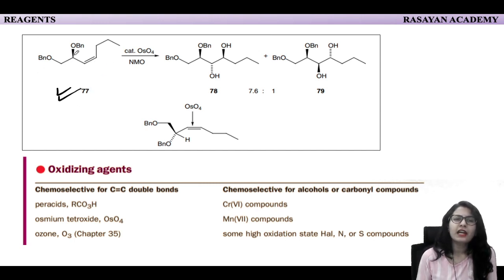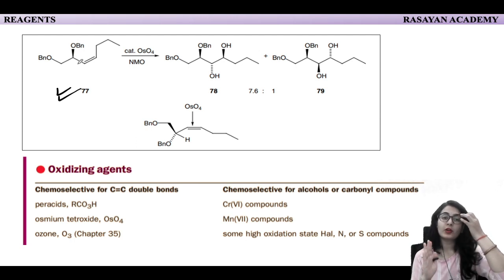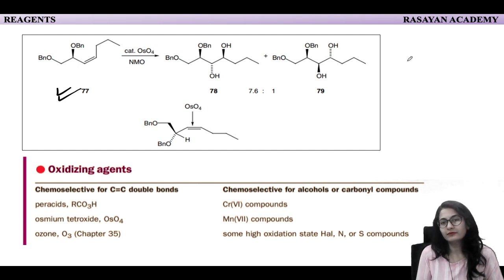Now you see, you have an OBn group and the alkene. Now it is OBn, a protected alcohol, it is not an alcohol itself. So there is proof in Carruthers and in different books that if you are having the OH, because it is small in nature, it can do the directing property.